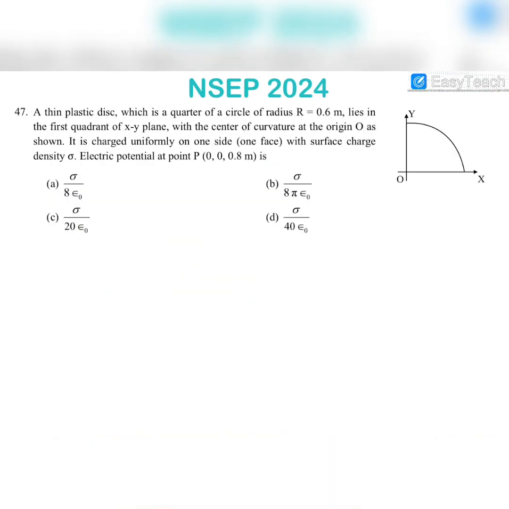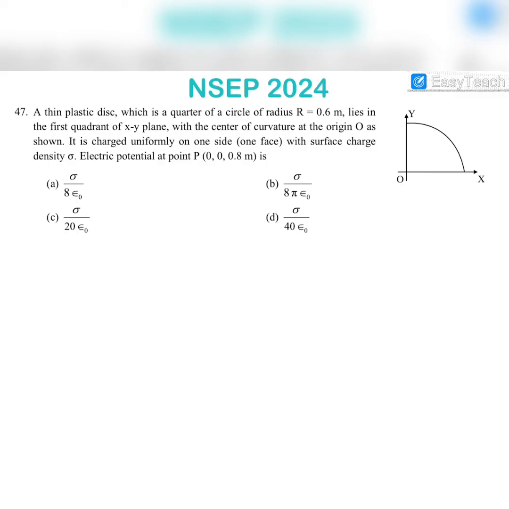In this question, you can see that there is a thin plastic disc which is a quarter circle, and its radius is 0.6. It lies in the first quadrant of the XY plane, and its center is the origin as shown.